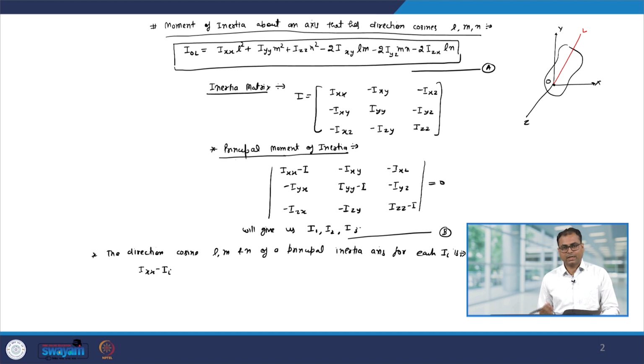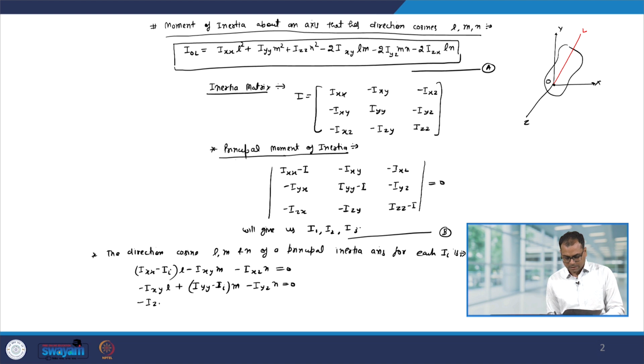Let us say I choose the first I, that is I1. Then Ixx minus I1 into L minus Ixy M minus Ixz N equals 0, and minus Ixy L plus Iyy minus I1 into M minus Iyz N equals 0, and minus Izx L minus Izy M plus Izz minus I1 into N equals 0, along with that L square plus M square plus N square equals 1.